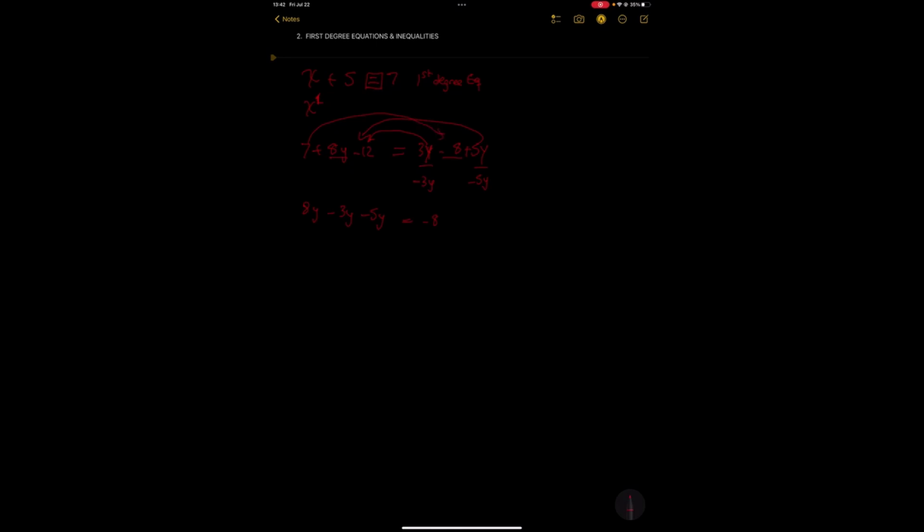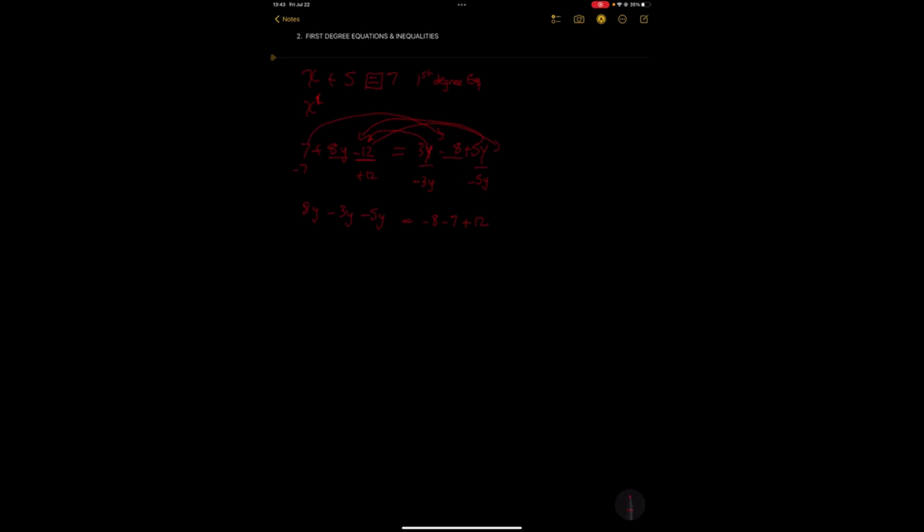I'm going to do the same thing: subtract 7, so minus 7. And I'm going to move the minus 12 over here, so here we have minus 12. Then I'm going to add 12, and of course I'm going to add 12 on the other side as well.